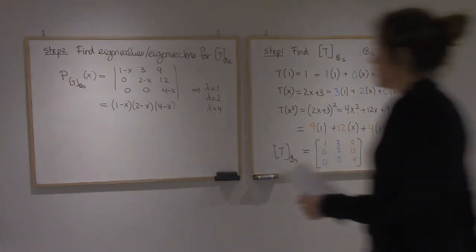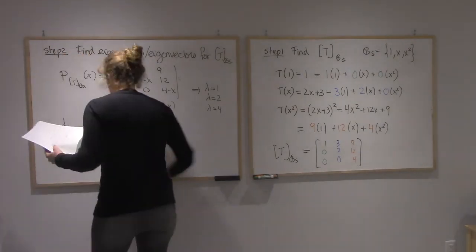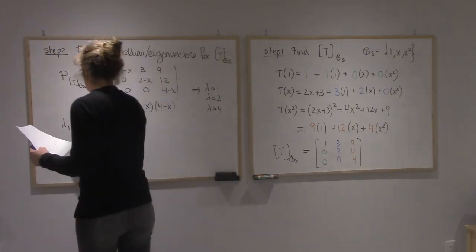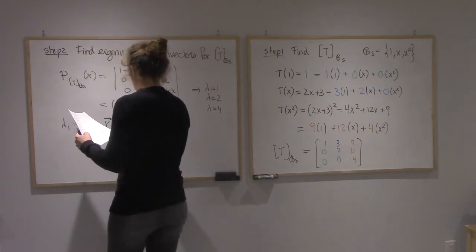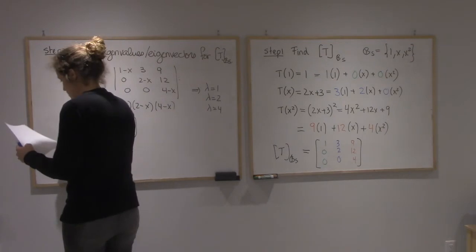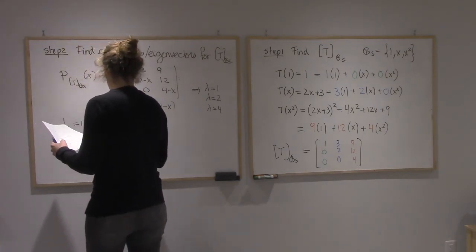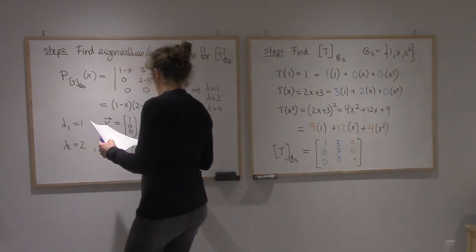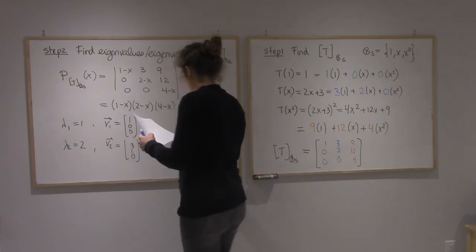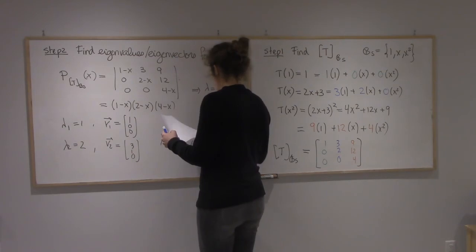So let's say we've done some work for lambda equals 1. I got the vector 1, 0, 0. For lambda equals 2, I got 3, 1, 0. And for lambda equals 4, I got 9, 6, 1.